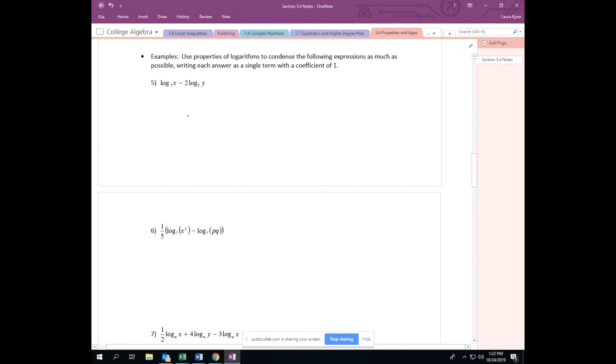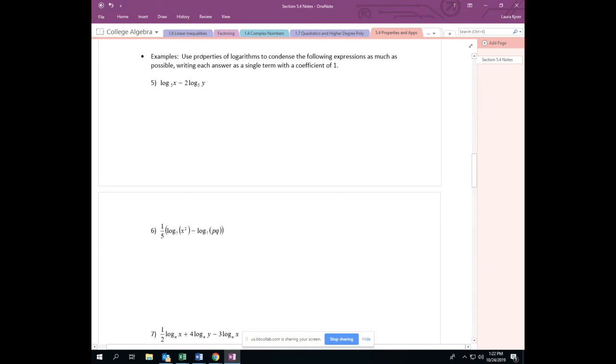Any coefficients are going to pop up and become powers. Addition is going to become multiplication, and subtraction will become division. We're looking for those different pieces. Each one of these logs should have a single log in the front, and then everything else kind of rearranges itself around there.